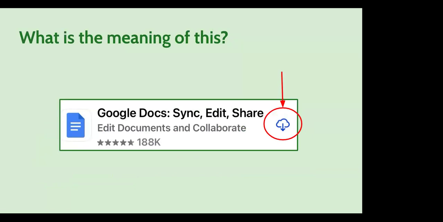All right, let's see if you guys know this one. So we have seen get, open, update, and now we have the cloud with the arrow pointing down. And just a reminder that we are here because we need to install Google Sheets if we don't have it. And some of these things are things that you may encounter when you are in the App Store about to install Google Sheets.